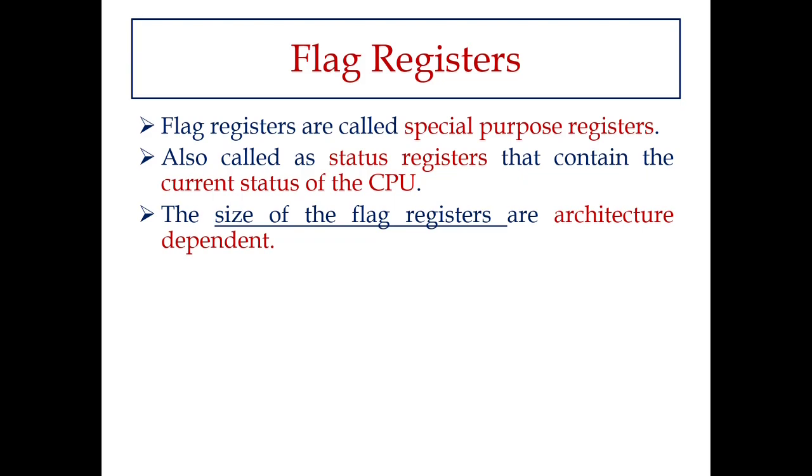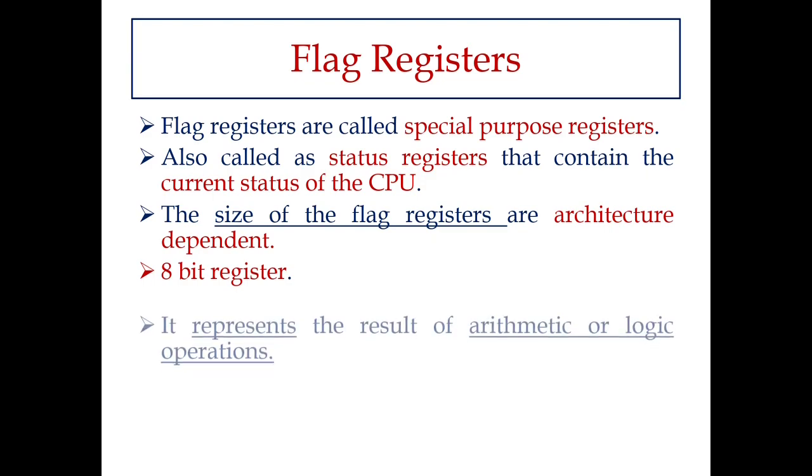The size of the flag register is architecture dependent, which means that we cannot alter the size of the flag register which is already inbuilt. In 8085, the flag register is an 8-bit register.